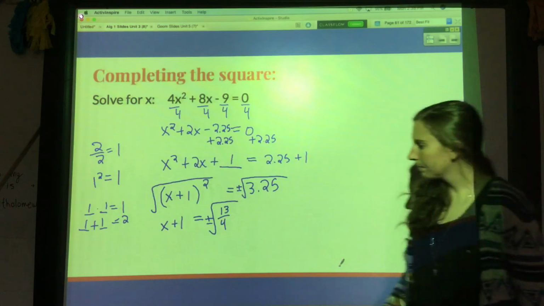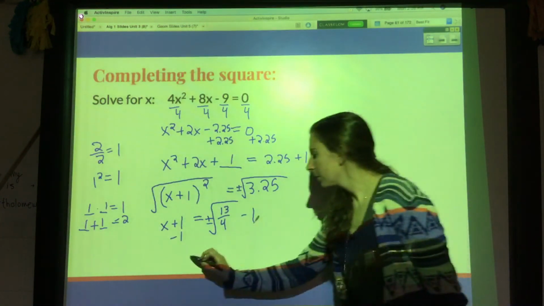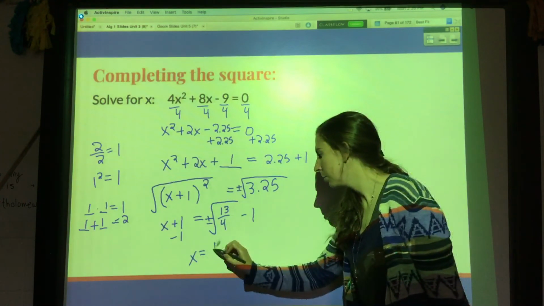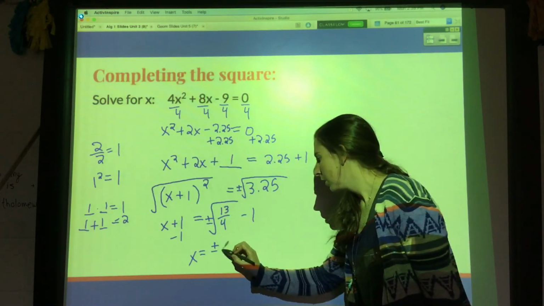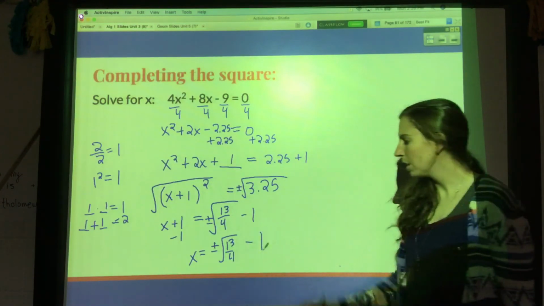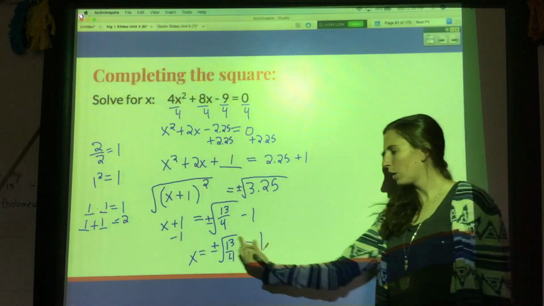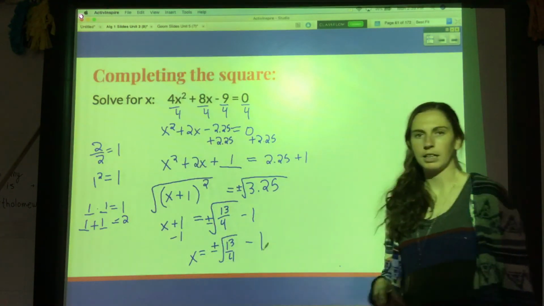And we're almost done. Just subtract 1 from both sides, and that's pretty much it. So x equals plus or minus square root of 13/4 minus 1. Those don't combine because this one's a radical and that one's not. And you could put the -1 in front if you wanted, or in the back, either way.